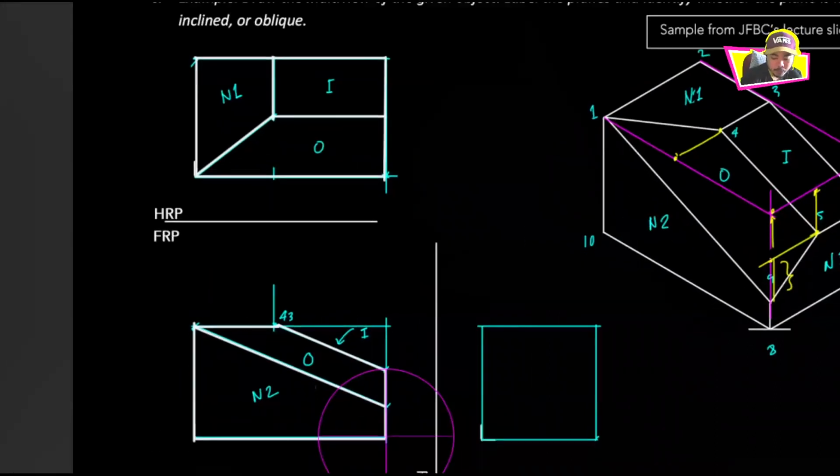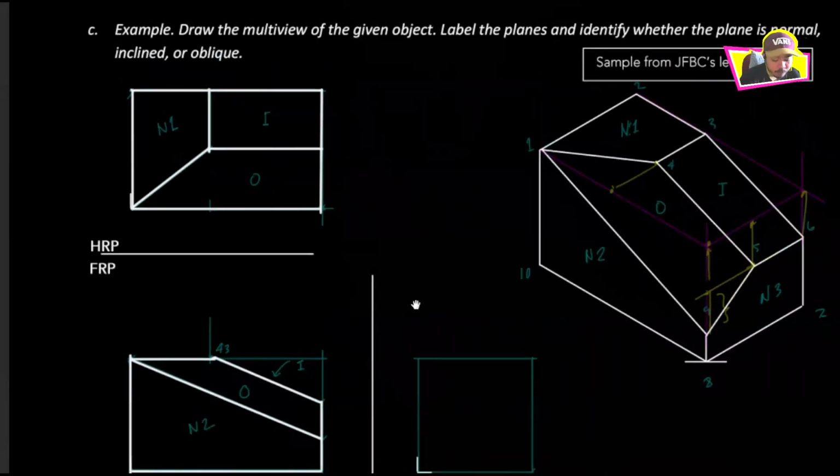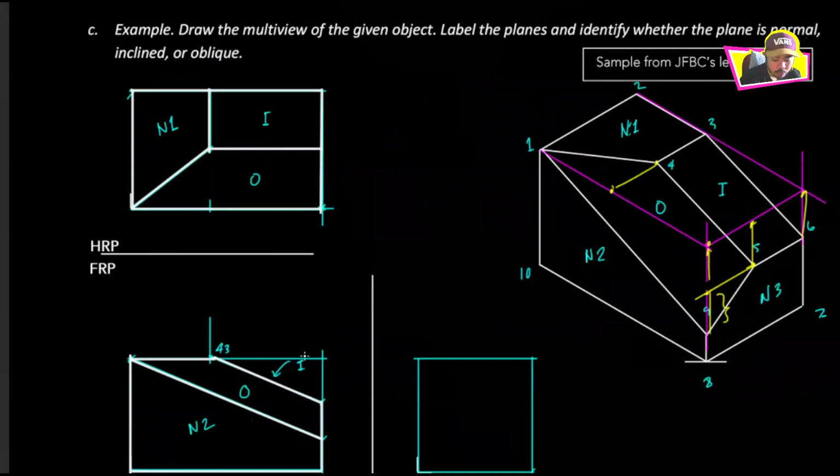Okay? So again, to check your answers, just try to locate the different planes. No? So for example, ito, if I look at it, plane O, itong O is here, tapos N1 is right here, I is this one, naka-edge view, N3 edge view, N2 kita naman. Okay?